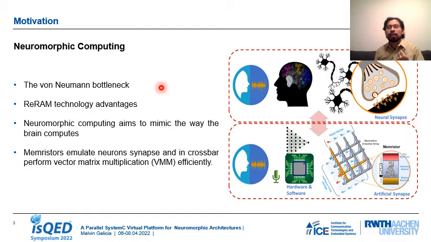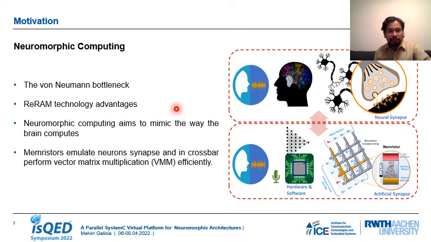Here we spend a lot of energy and time on that movement. Emerging technologies like ReRAM, resistive random access memory, have some advantages that can definitely help us overcome that problem. The von Neumann bottleneck in this case is computing in memory.